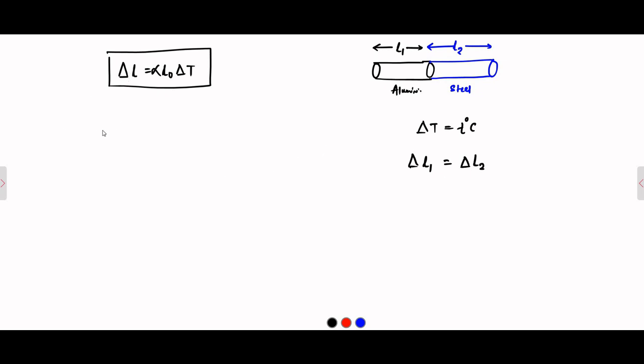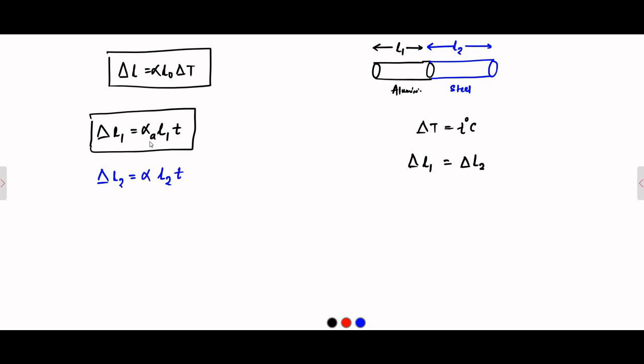So according to this expression, delta L1 is the initial length L1, rise in temperature T, and the linear expansion coefficient for aluminium alpha A, and the increase in length in steel delta L2 is equal to the initial length of steel, which is L2, rise in temperature T, and the linear expansion coefficient alpha S. Then we have delta L1 is equal to delta L2.